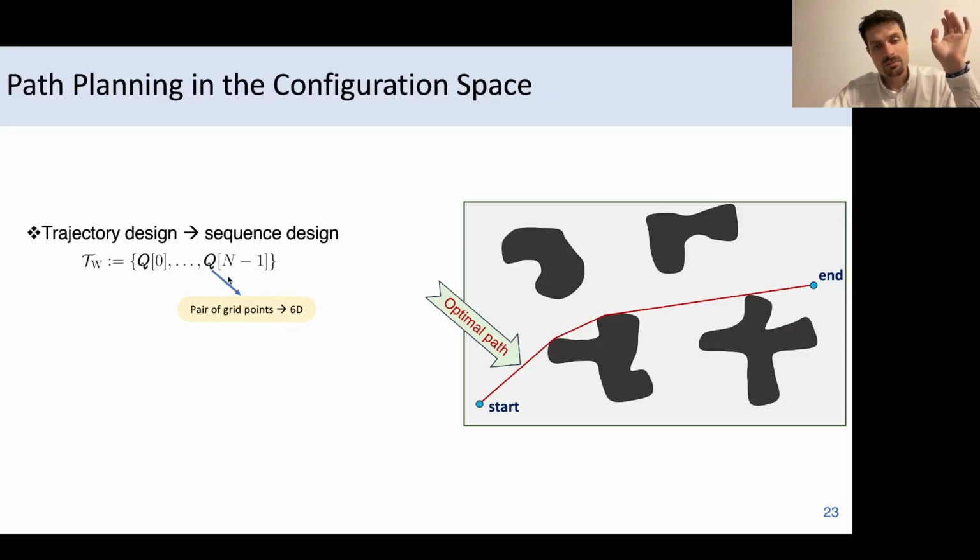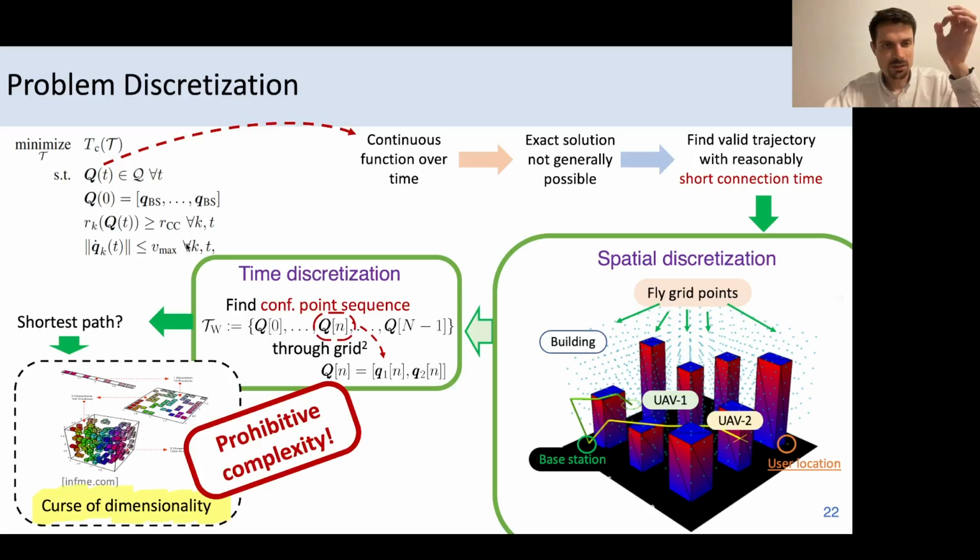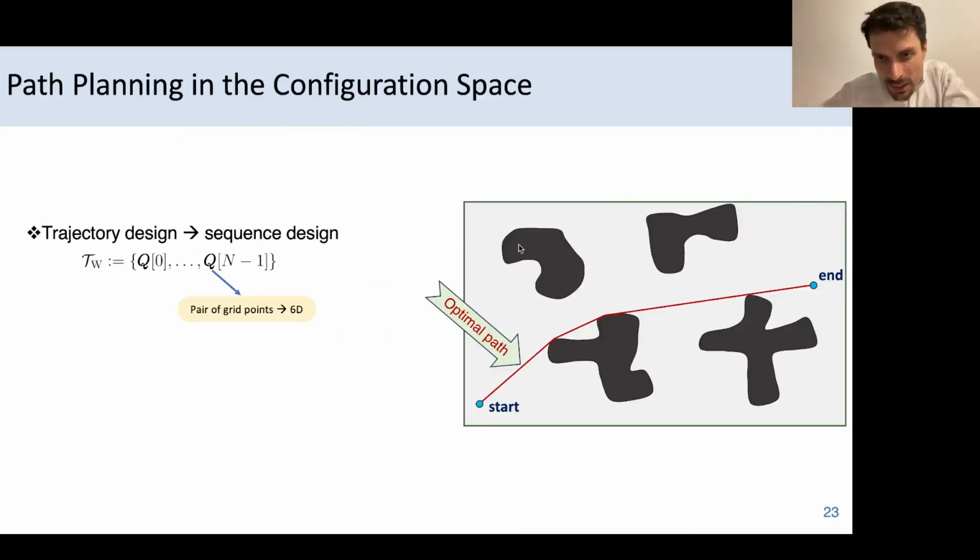In 2 dimensions, we could represent the configuration space, so the set of possible configurations, not taking into account the discretization, right? This, the airspace excluding buildings and no-fly zones. So we could represent it by a rectangle here.